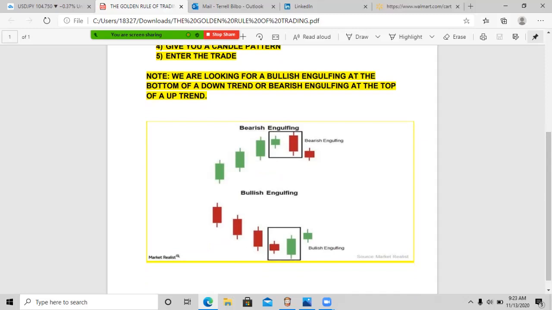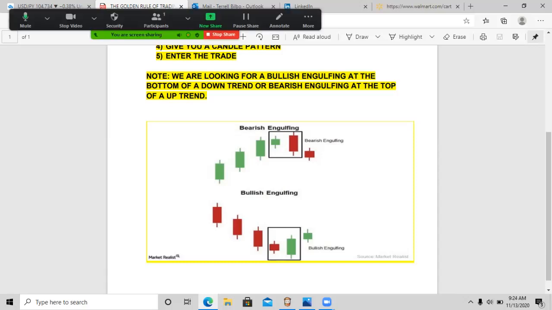So you have your downtrend, then you have a bullish engulfing that engulfs the previous bear candle, and that should be the start of an uptrend. So these are the candle patterns that we're looking for. Remember, at the top of an uptrend, you're looking for a bearish engulfing. At the bottom of a downtrend, you're looking for a bullish engulfing. So again, this is what that looks like.